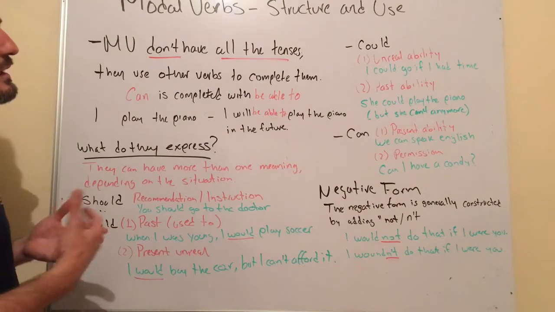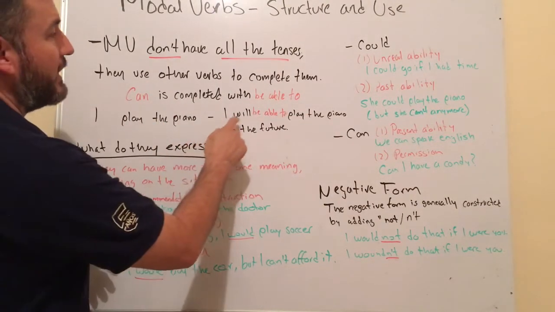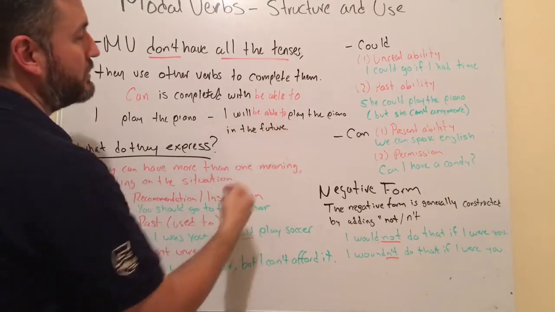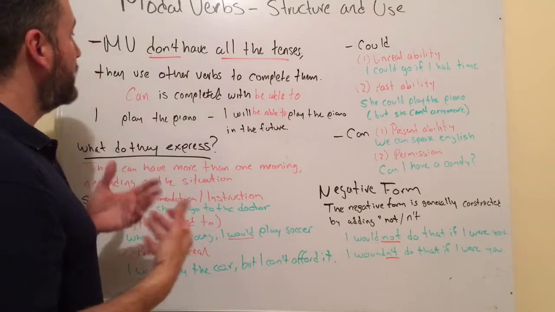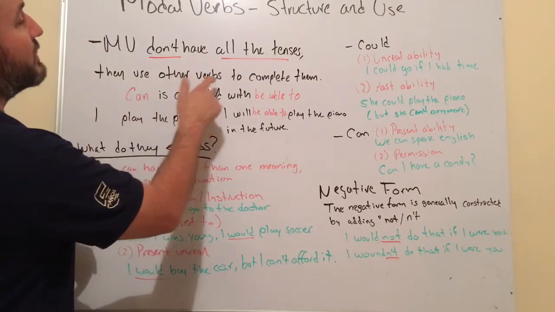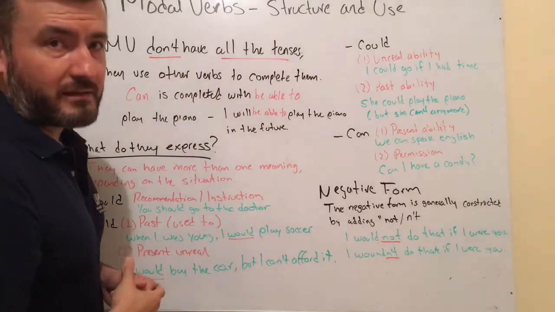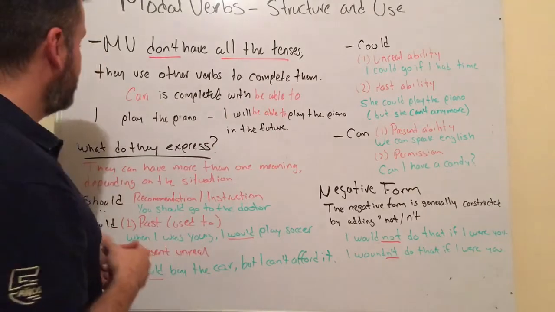So we use be able to. I will be able to play the piano in the future. So again, sometimes these modal verbs use other verbs to complete them, so we can use them in different tenses.